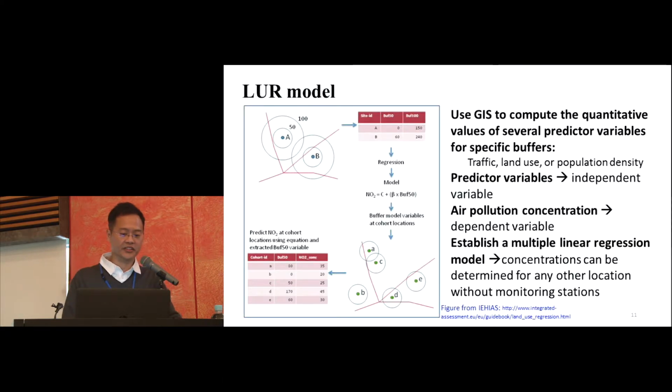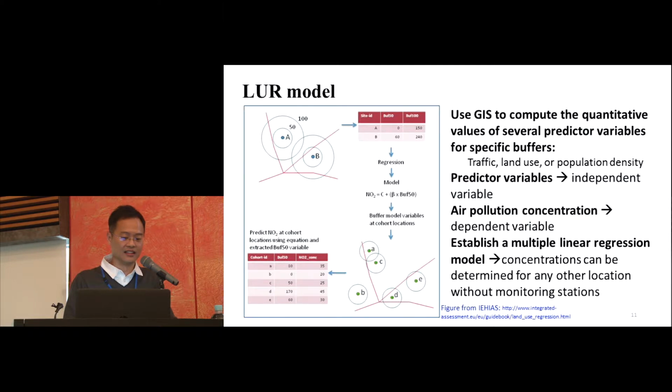This model uses GIS to compute the quantitative values of several predictor variables for spatial buffers. These predictor variables are like traffic, land use, and population density, something like that. These predictor variables are used as independent variables in a linear model.